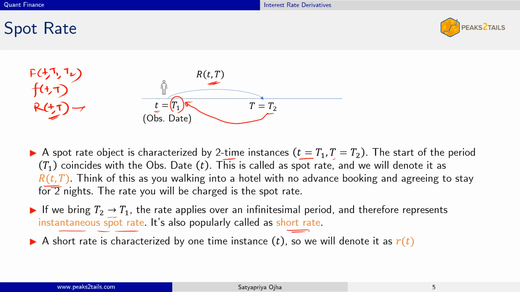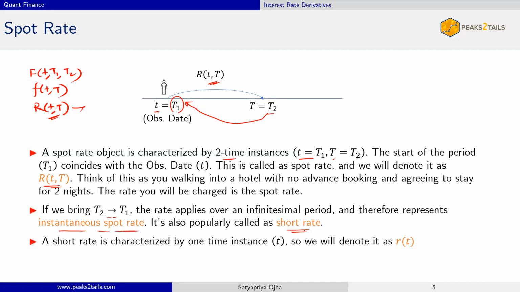The other popular word for this is short rate. All these short rate models that you may have heard of, Vasicek, CIR, Ho-Lee, Hull-White, there are a plethora of short rate models. They are popular and fast. So short rate essentially means this.